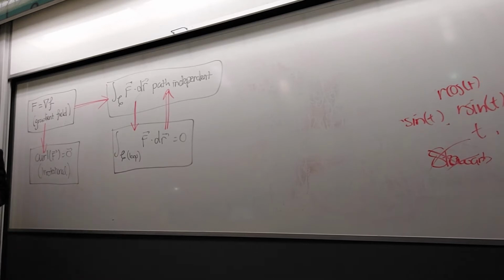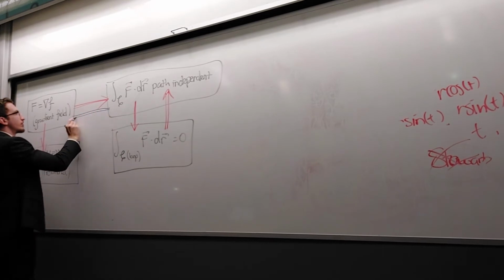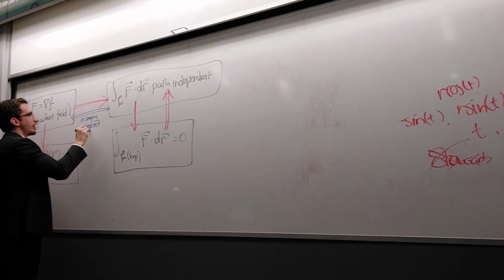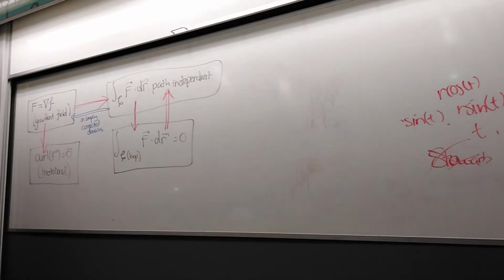So let me do it with a different color. And this means on simply connected domains. Obviously the theorem states it for R3, but that's just laziness. I could have done it more generally with simply connected domains. Okay.